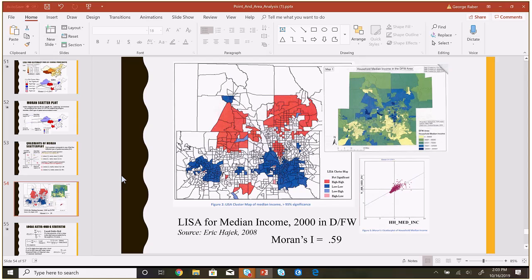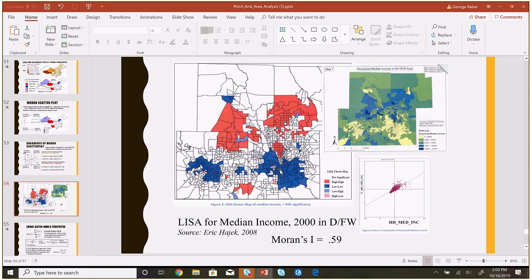Here's a few other examples. This is showing income. I gave this example before. This is just the choropleth map of income, and this is the high-low clustering map of income. You can see that with this particular data set, there are very few low-high and high-low.